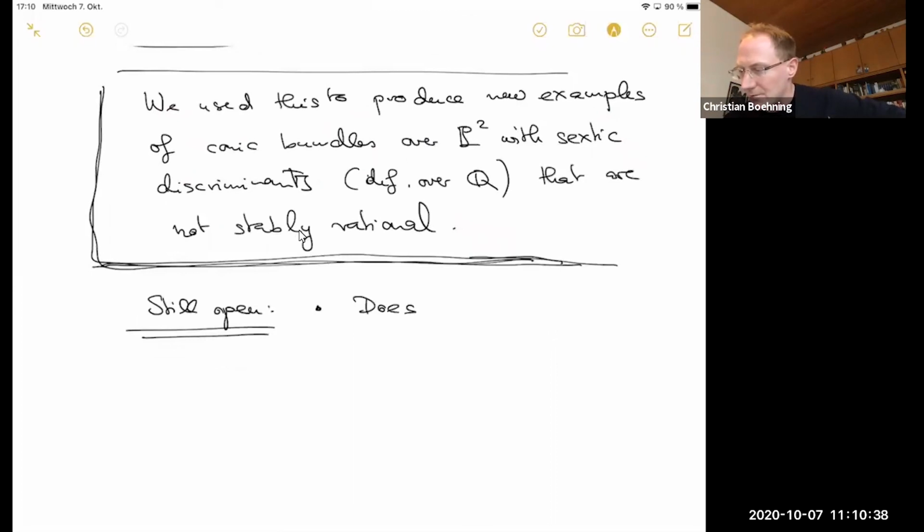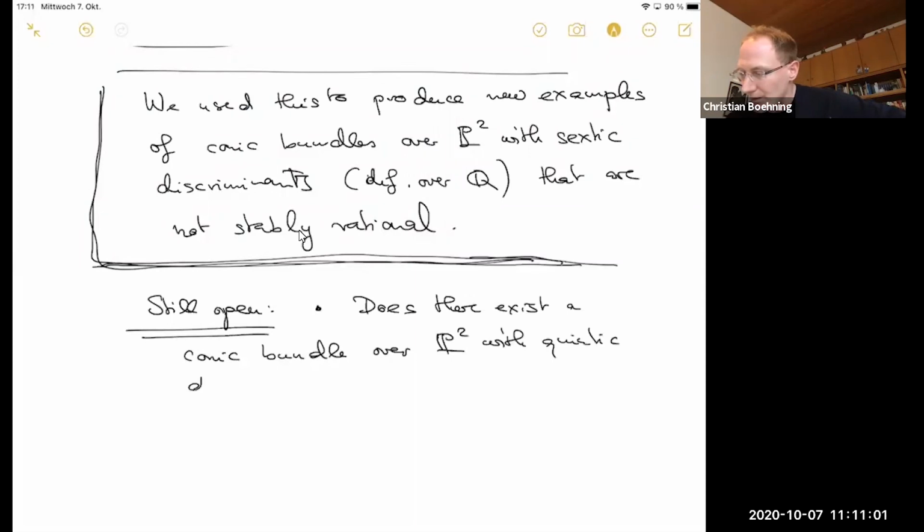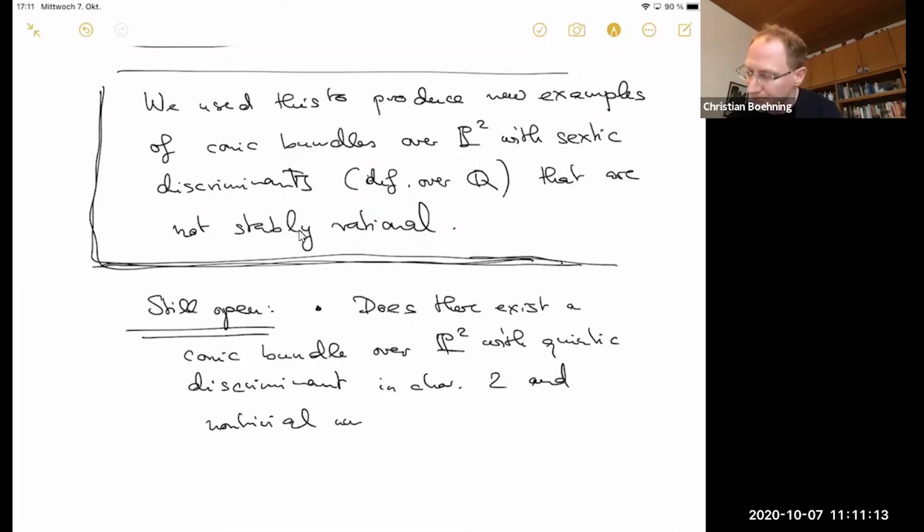I don't know if there is a conic bundle in characteristic 2 over P2 with quintic discriminant and non-trivial unramified Brauer group. This I don't know.